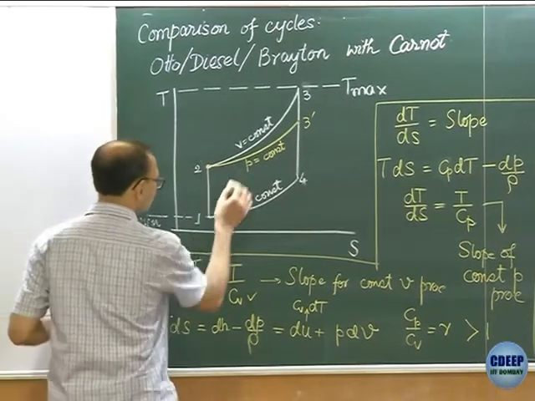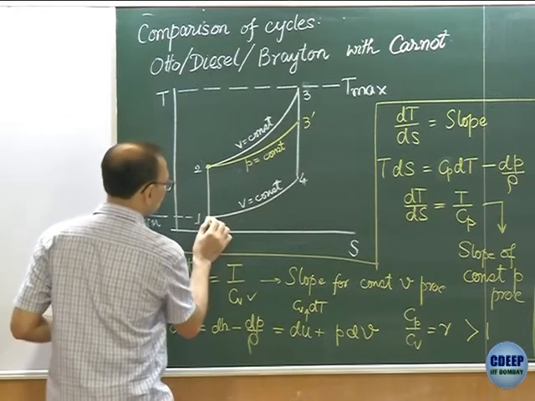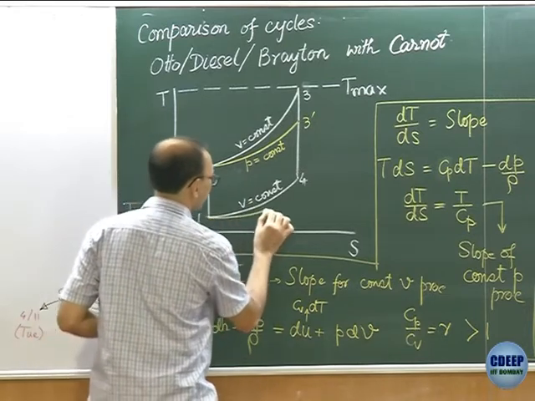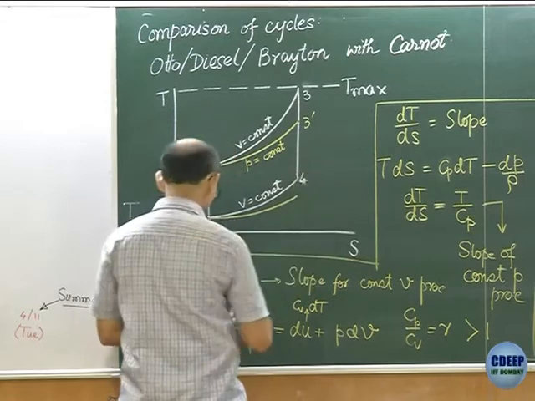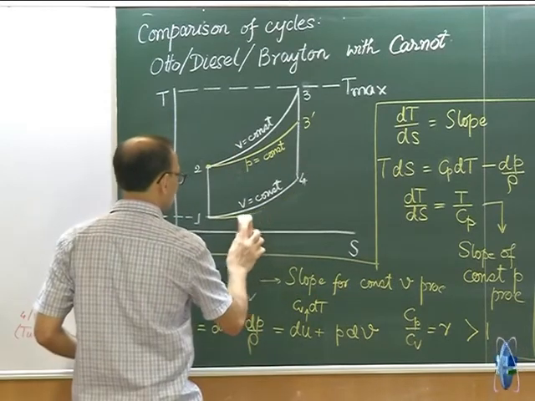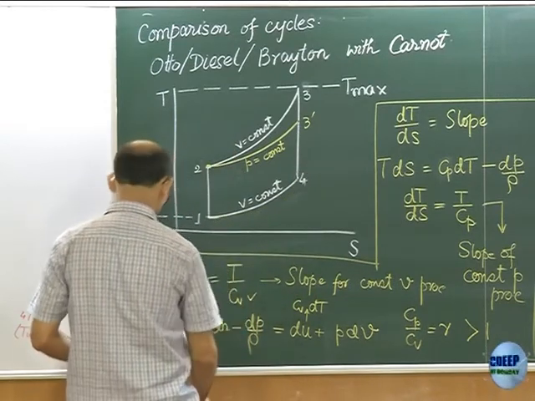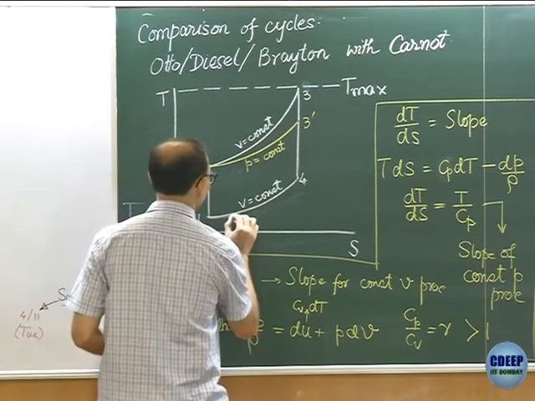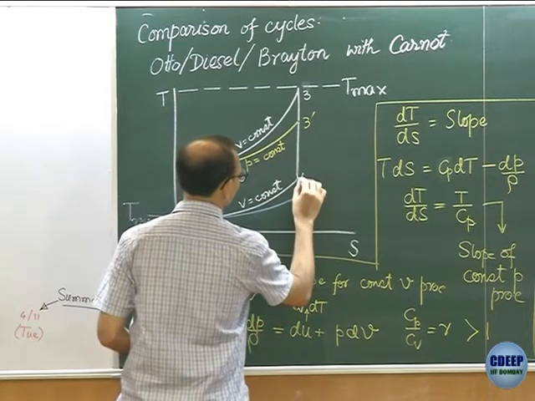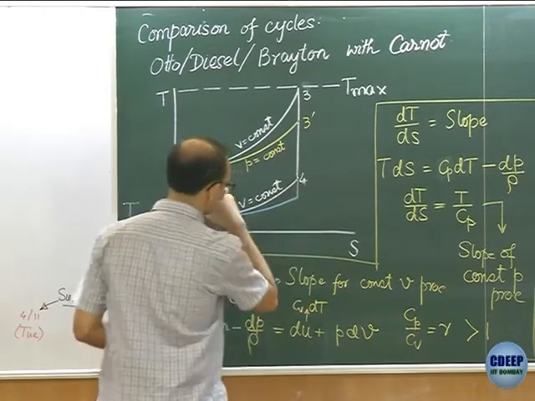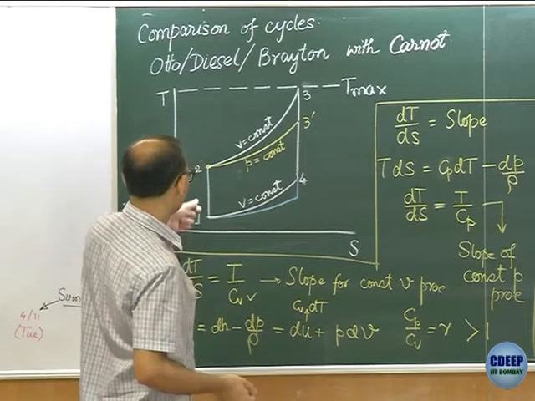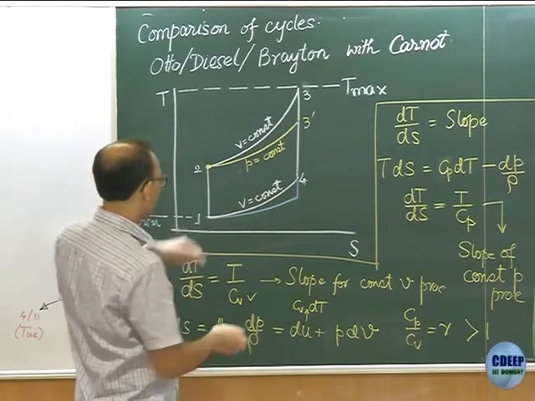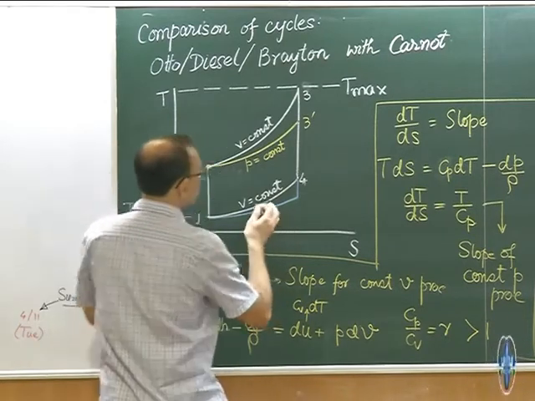So here is the other constant pressure which will be lower than the corresponding constant volume. Let's use a different color so that we can see things a little bit more clearly. Once again, if the drawing is good, then the two constant pressure lines should not be parallel, they should diverge.